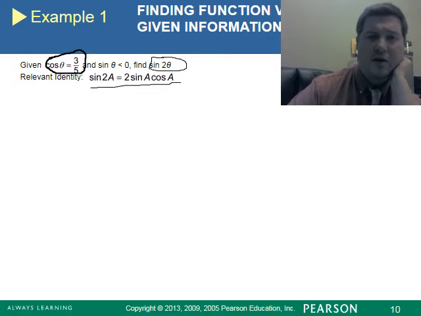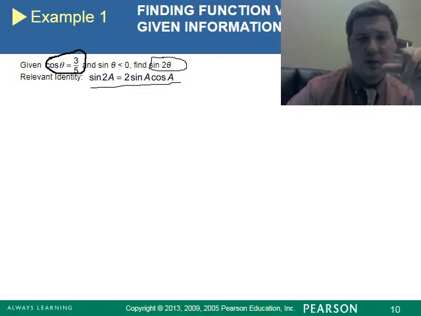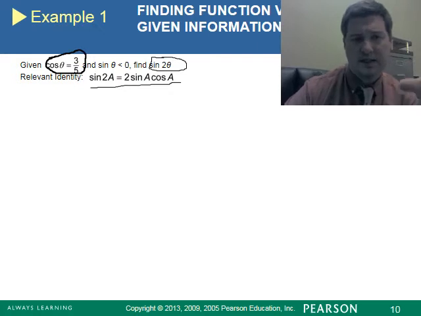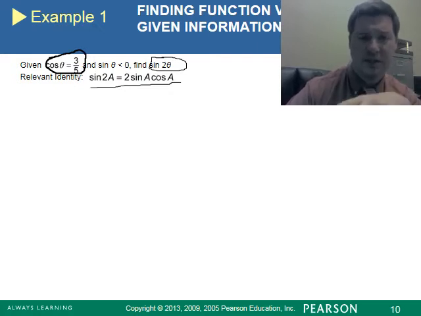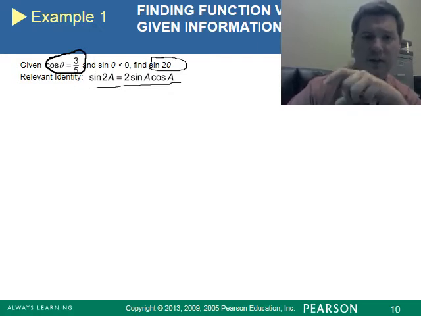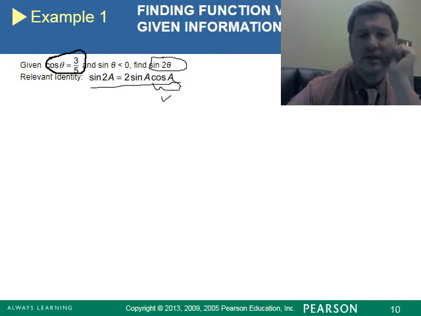The sine of twice that angle, we're going to need 2 times the sine of the original angle times the cosine of the original angle. And fortunately, we've got this second part. We've got the cosine of A. They gave us that. The question is, what the heck is the sine of that value?